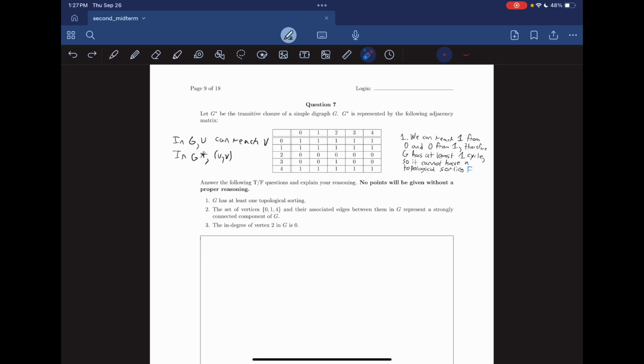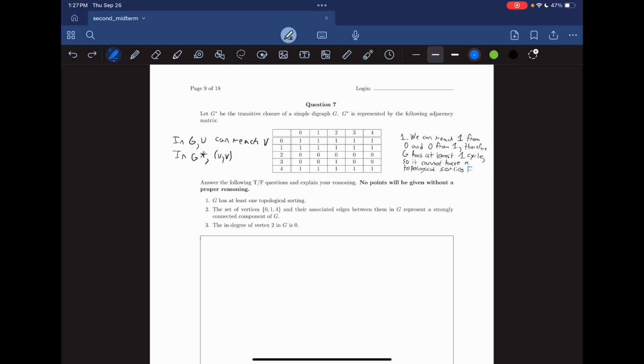Again, we look to row 4, we look in column 0, and we see that 4 can in fact reach 0, and 4 can in fact reach 1. So therefore, all three of these vertices are able to reach each other in G. Because they can all reach each of the other vertices, this is a strongly connected component.